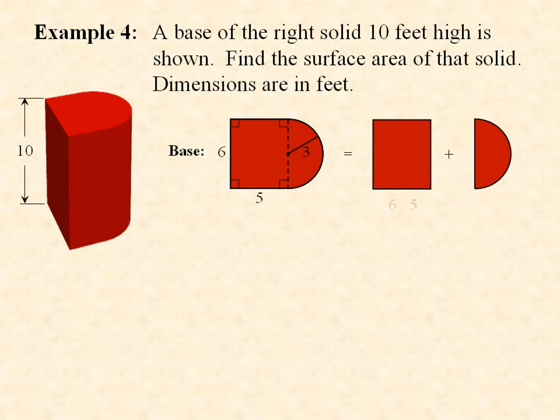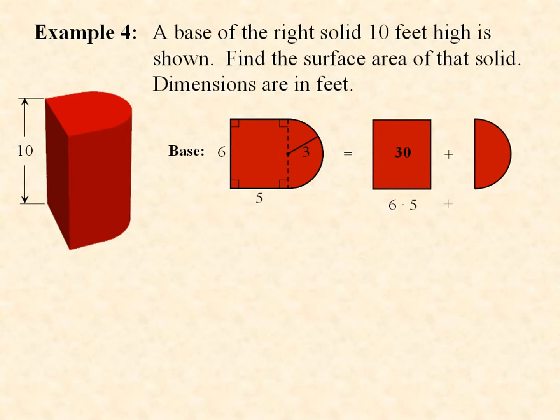Let's see, the rectangle is 5 by 6, so its area is 6 times 5, which is 30 square feet. And the semicircle, let's see, the radius is 3. The area of a circle is pi r squared, which would be pi times 3 squared.